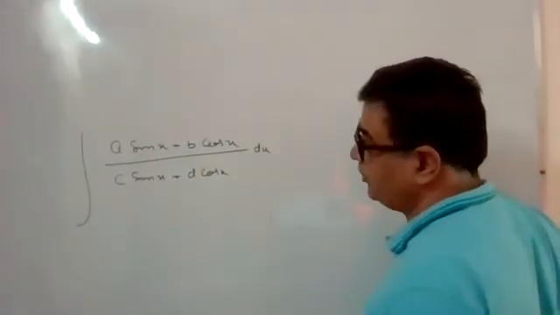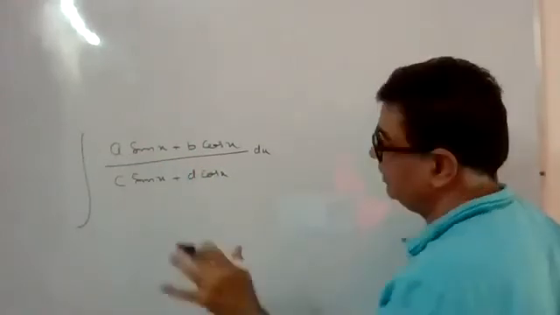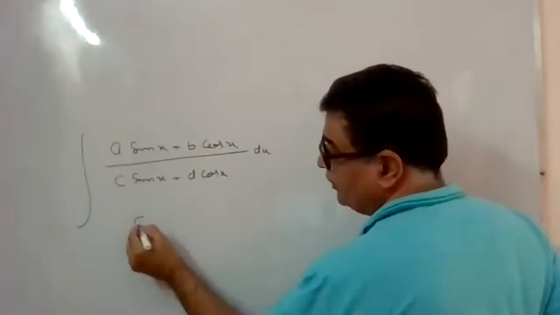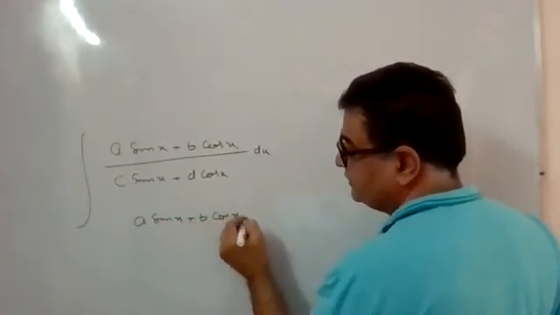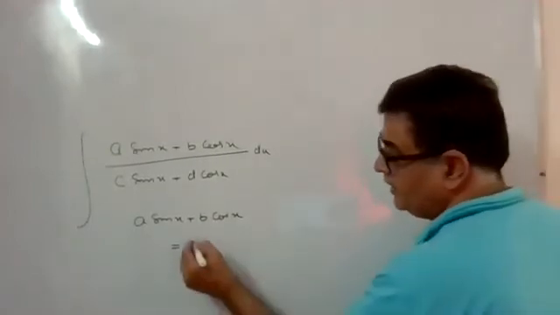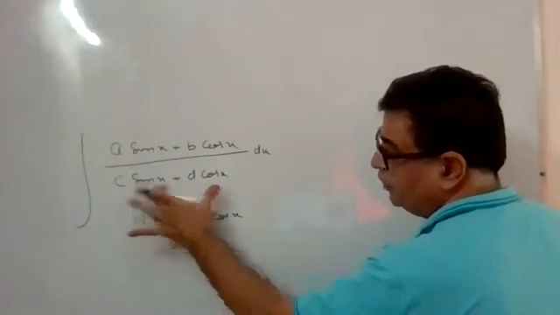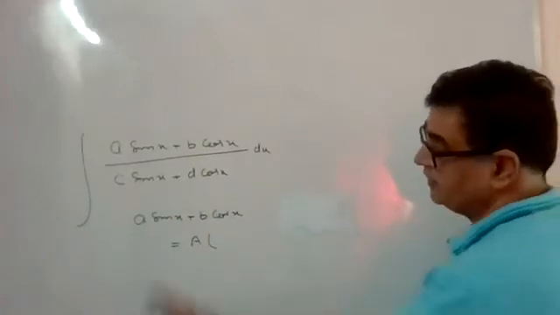Whenever you have this type of case, we start with this. This way, numerator you write as a sin x plus b cos x equal to a times the derivative of the denominator. This adjustment you have to do, otherwise you will not be able to do this.